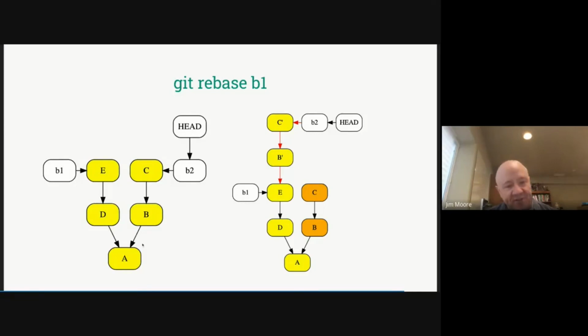So my change set is B and C. So it's going to create a recipe, and it calls it that, a recipe of, okay, I need the cherry pick of B to A, and I need the cherry pick then of C to B. So here I represented it as, okay, I'm going to apply that patch of B to A as B prime, and that patch of C to B as C prime.